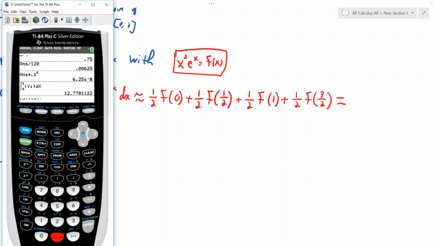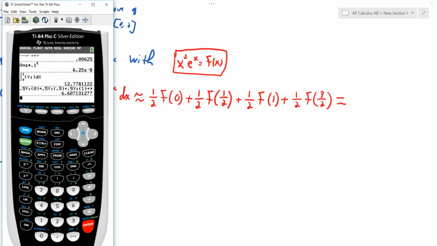The next rectangle is 0.5 y1 of a half, plus 0.5 y1 of 1, plus 0.5 y1 of 1.5, 3/2.